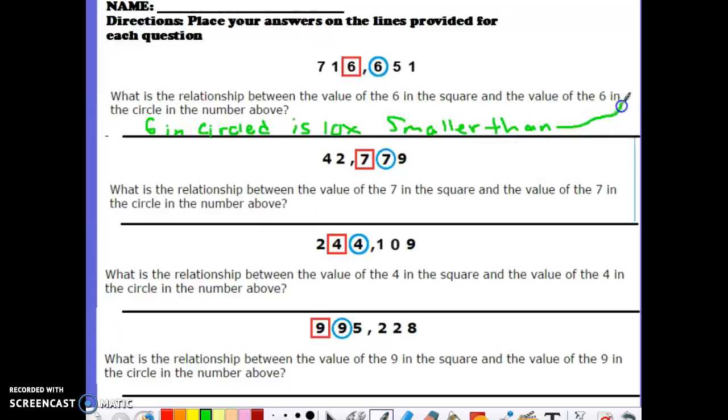You could also say that the 6 in the red square is 10 times larger than the 6 in the blue circle, because if I'm starting the place value here in the hundreds and moving one place value over from right to left, you're discussing a number that's 10 times larger than the previous number.